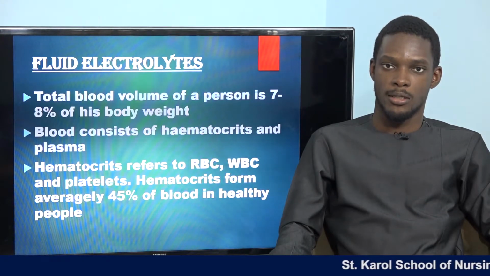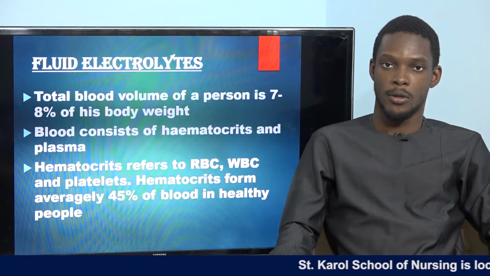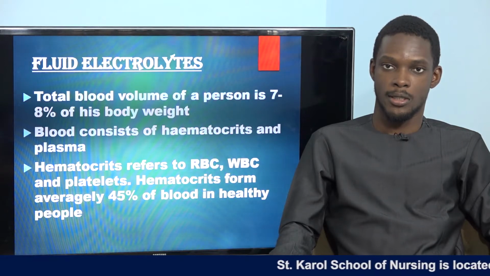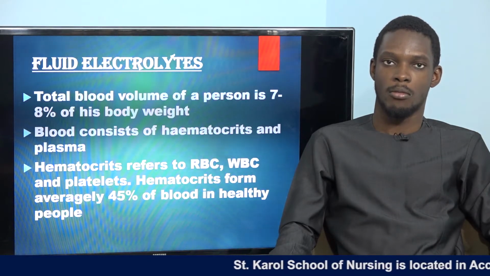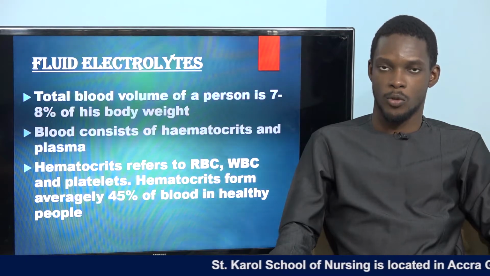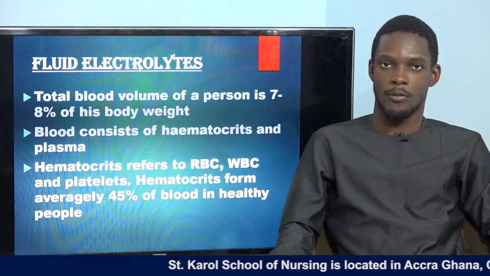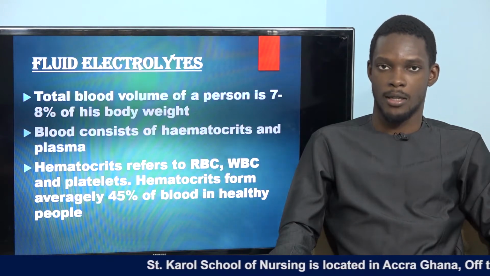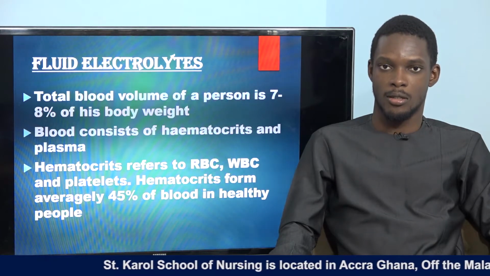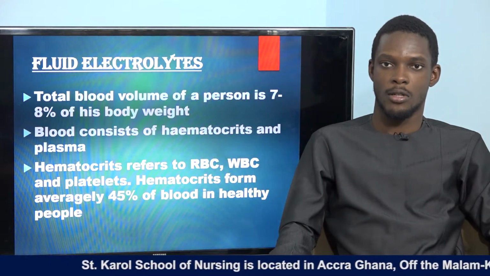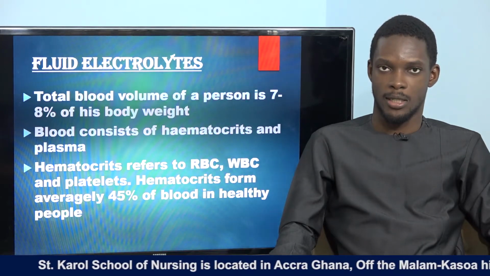From our anatomy lectures, we know that the total blood volume of a healthy individual in a normal state is 7 to 8% of his normal body weight. We also remember from anatomy that 30 to about 45% of the blood is hematocrit, which refers to the red blood cells, the white blood cells, and the blood platelets.